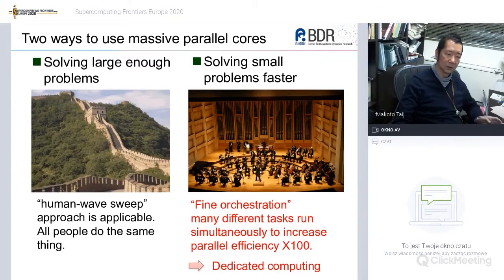Each core or each unit has to do different things. It's very difficult to do such things in a general purpose machine. So we use dedicated computing to solve this.